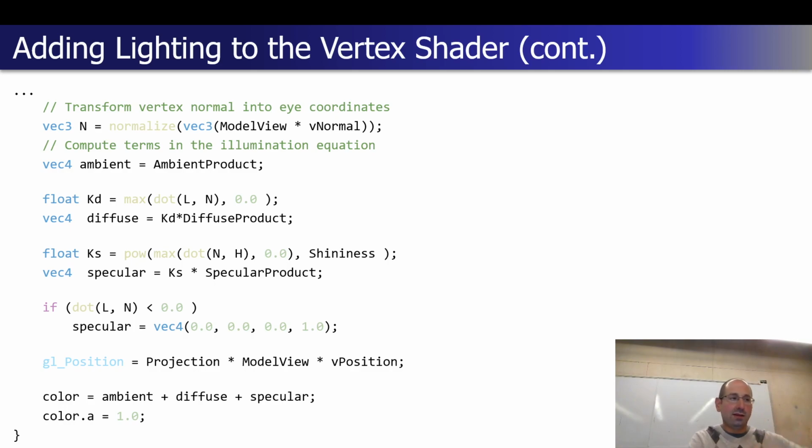So the light's coming down, but the object's actually facing the entirely opposite direction. That'll lead to an angle being greater than pi. That'll lead to the dot product being negative. We are then checking for that. You don't need to really use if statements for that in this case. We take the maximum of the result of the dot product with 0.0. So we're, whatever we're going to call it, truncating it or limiting it to being a positive or zero value here. And we calculate that diffuse product.